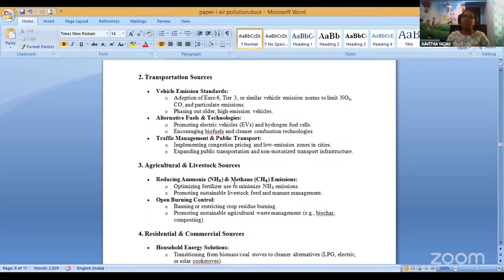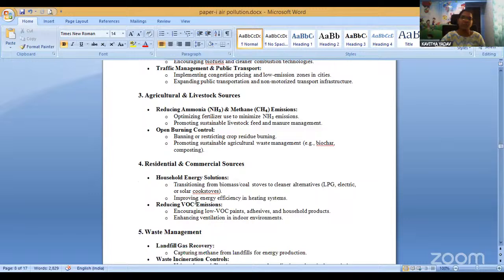The next one is open burning control: banning and restricting crop residue burning, promoting sustainable agricultural waste management, biochar and composting. Biochar waste we have to manage, with sustainable management of agriculture and waste.